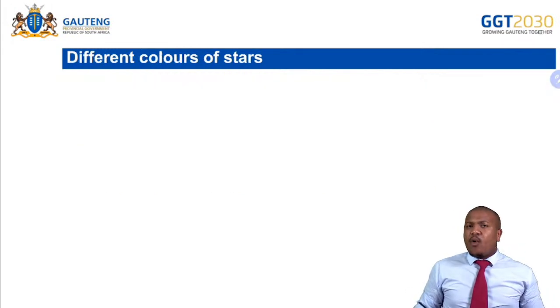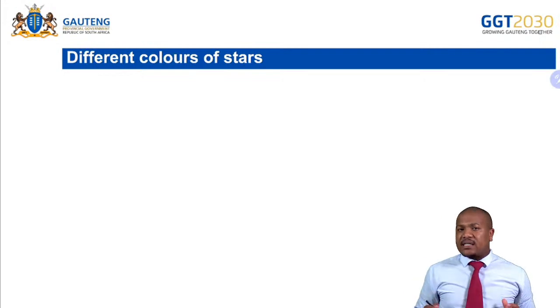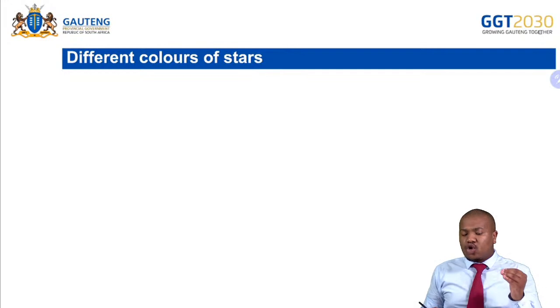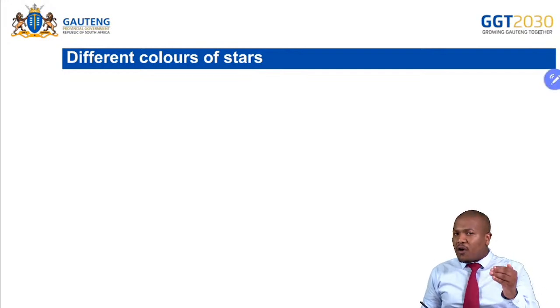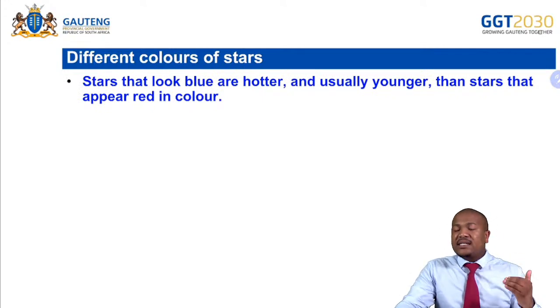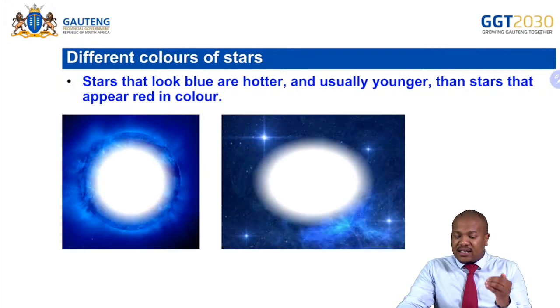So now, as you look at stars, we notice that stars are of different colors. I want us to talk about the different colors of stars and what they mean. Usually, stars that look blue are hotter and younger than stars that appear red in color.